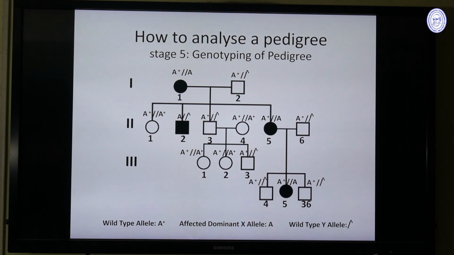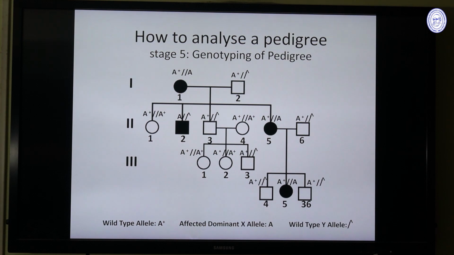So, here comes the genotyping. This individual who has a normal X allele and an abnormal or defective X allele, that is in heterozygous condition, has the genotype A+ A. This father is normal, so must not have any dominant allele, so A+ Y. This firstborn is normal, so must not have any dominant allele, A+ A+.